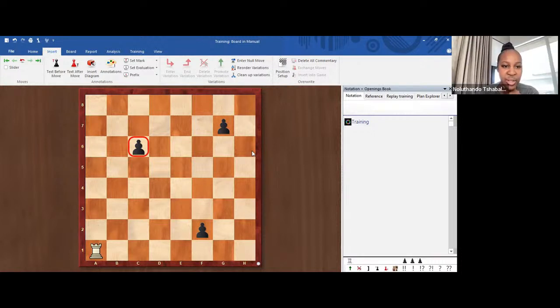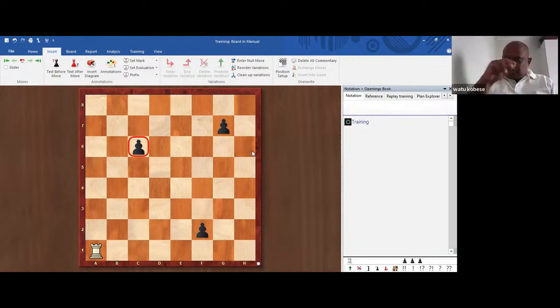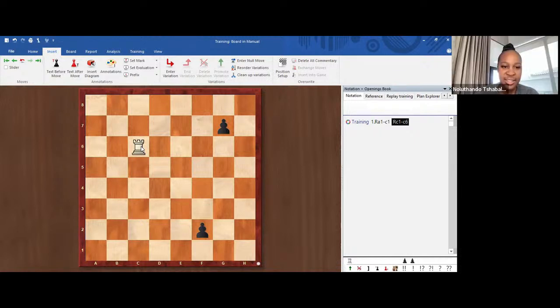So it's important to understand that that pawn is on those 2 lines. And you can choose. Should I move my rook to the C file? That means you would move your rook to C1, and then you will be able to capture the pawn on C6, the next move. Remember, that would be 2 moves. You would play, your opponent would play, and then you would capture the pawn.